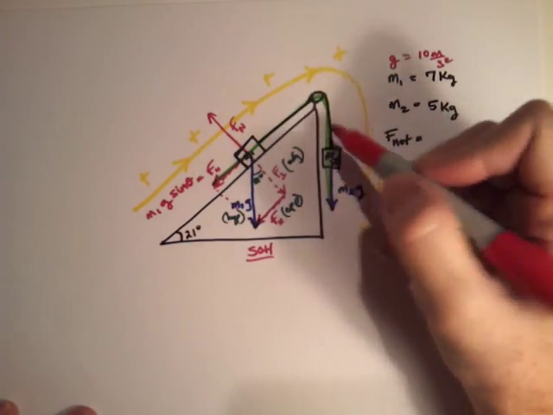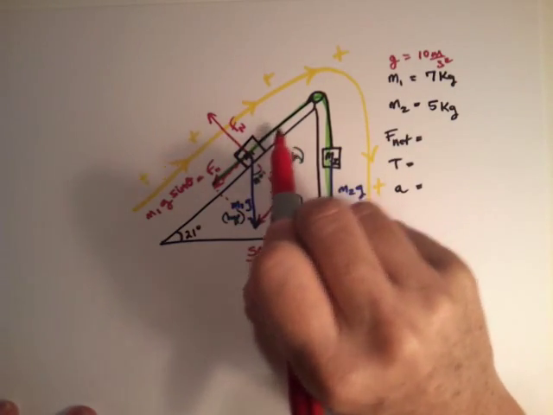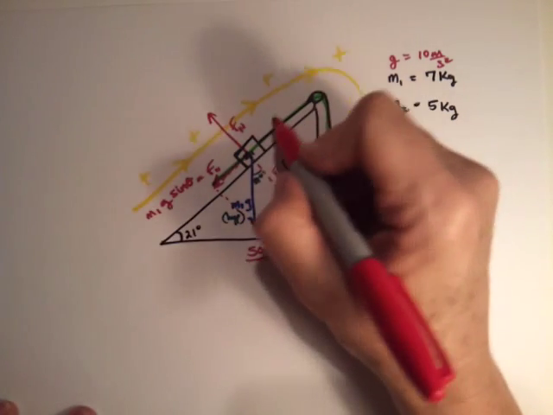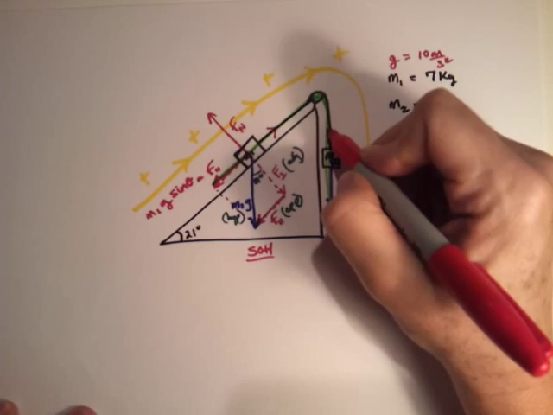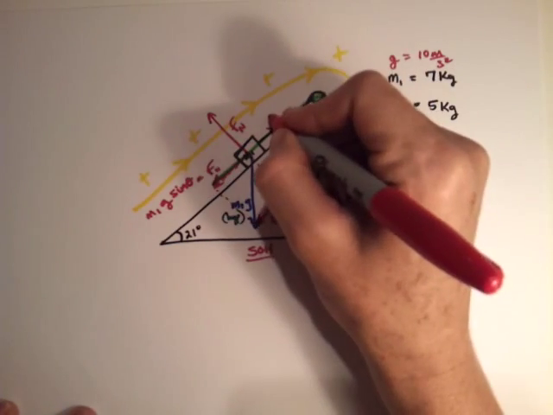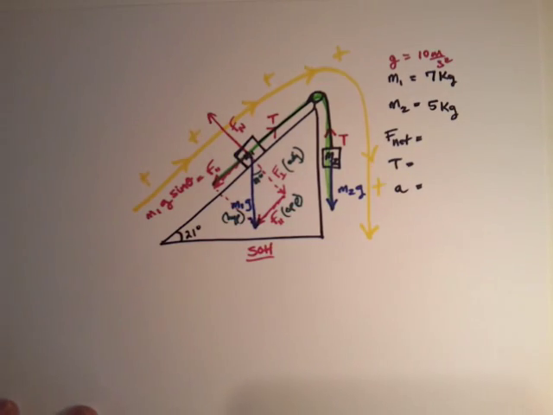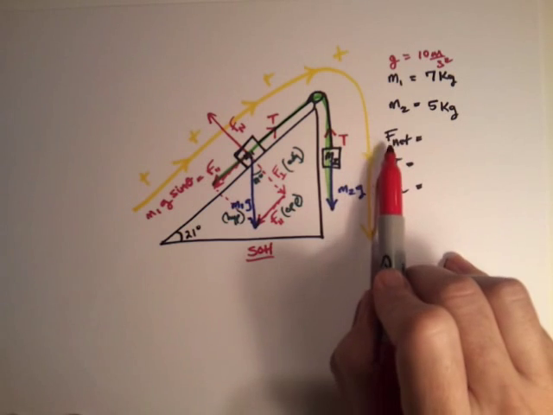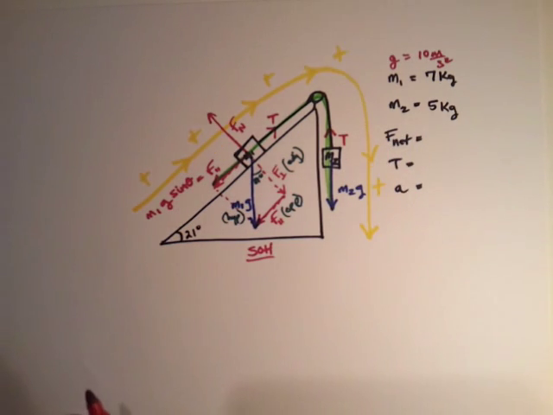So the tension in the rope is going against that, right? Newton's third law, going against that from this side and this side. So we would draw the tension up from those masses. I'm going to just label them as T. All right, so now we just have to do our F net. So we're going to calculate F net with F net equals MA. So that's just going to be part of that calculation.